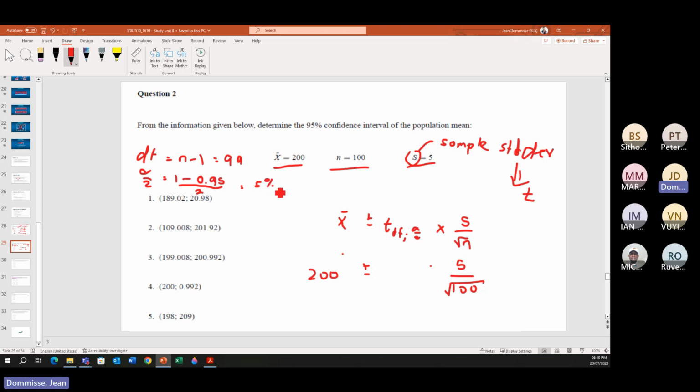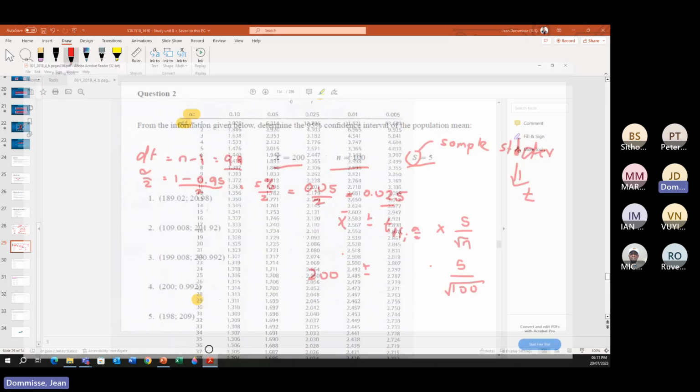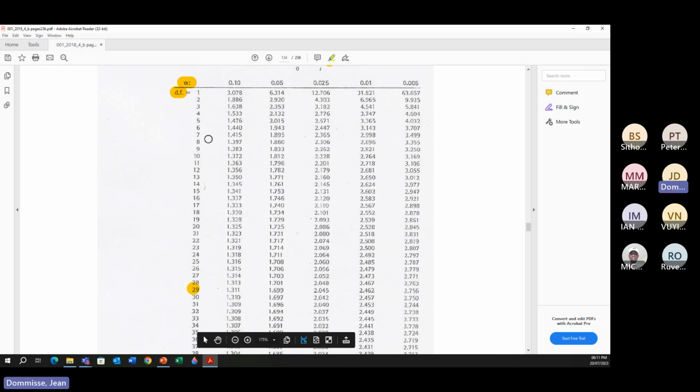So 0.05 divided by 2 is 0.025. Okay, so we're going to look for a T with degrees of freedom 99 and alpha 0.025.